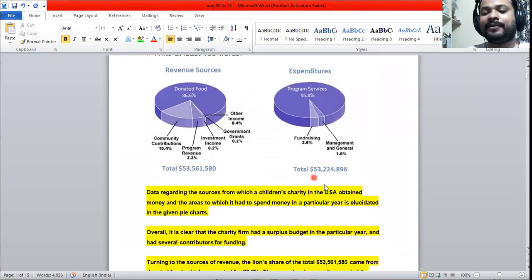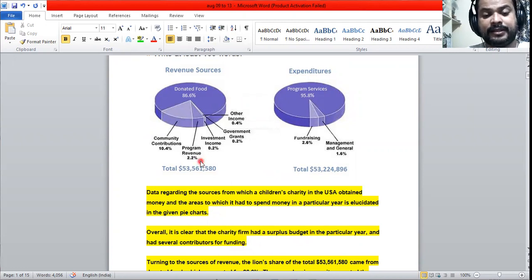Here is a sentence: data regarding the sources from which a children's charity in the USA obtained money, and the areas to which it spent in a particular year, is elucidated in the given pie charts. Overall, it's clear that the charity firm had a surplus budget in a particular year and had several contributors for funding.